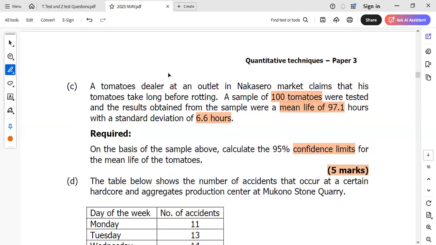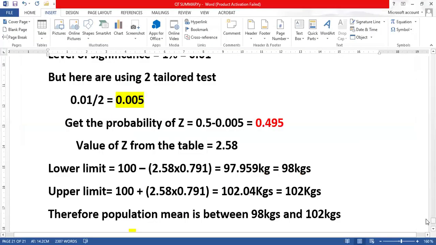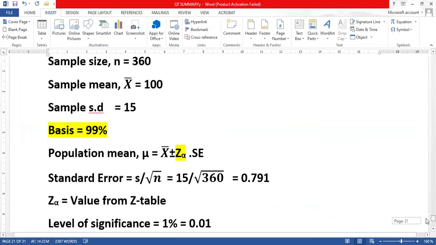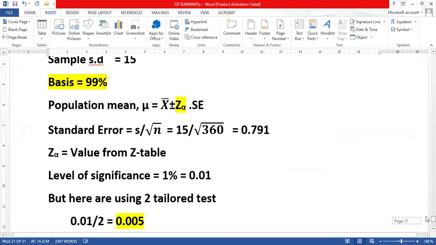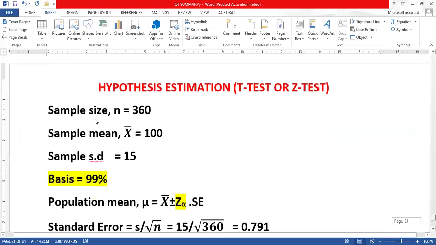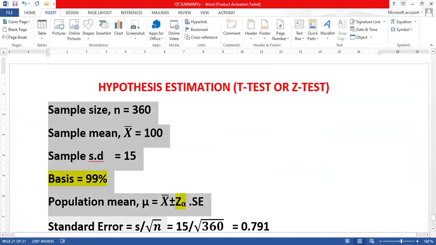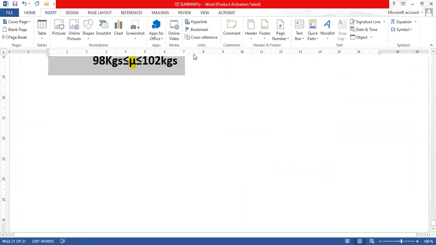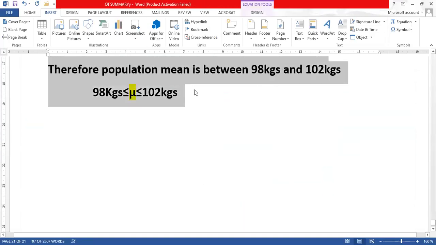Same steps, without changing anything. Just that here, let me first copy.